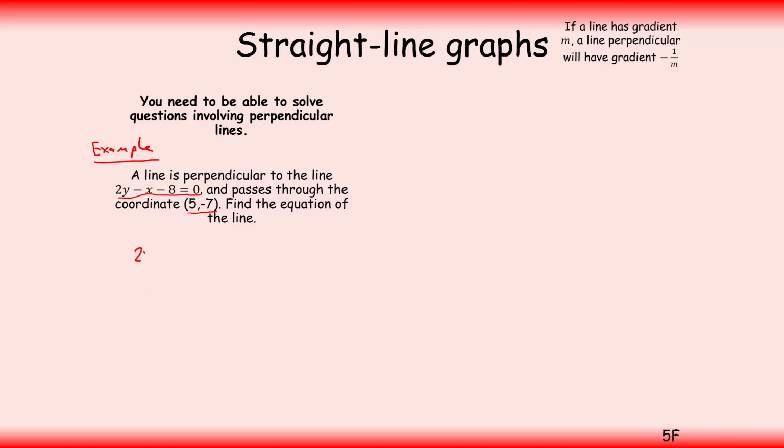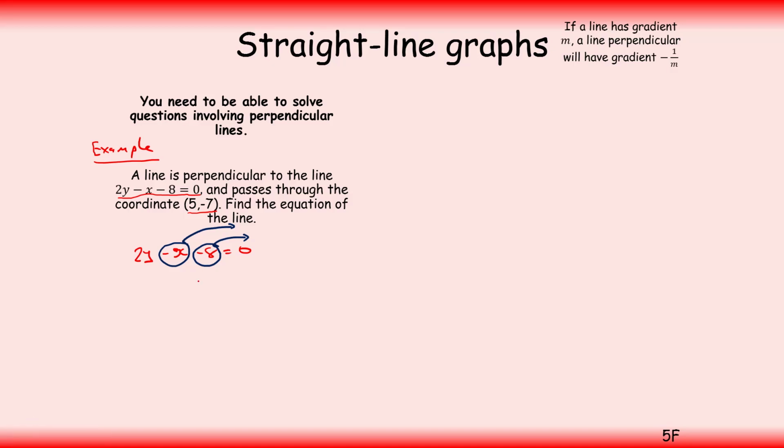So we've got 2y minus x minus 8 is equal to 0. So I'm going to make y the subject. So I'm going to take my minus x over the other side of the equal sign, becomes plus. Same thing for my minus 8. Take it over the other side, becomes plus 8.